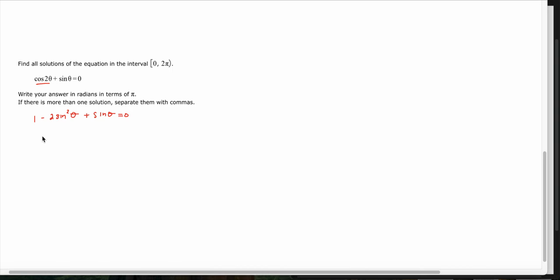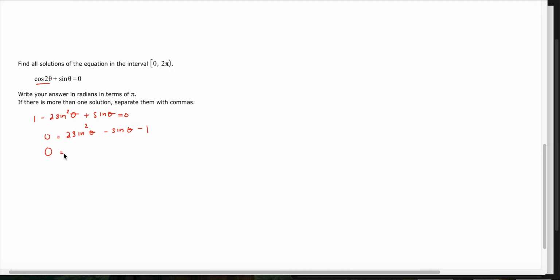If I think of this as 0 equals, then that would be a positive 2 sine squared theta, minus sine theta, and then minus 1. Remember, quadratic form, we would have our squared function, and then the single function, and then the constant.